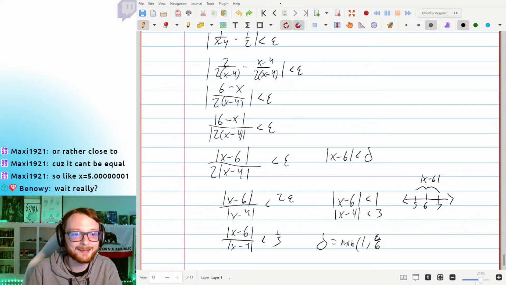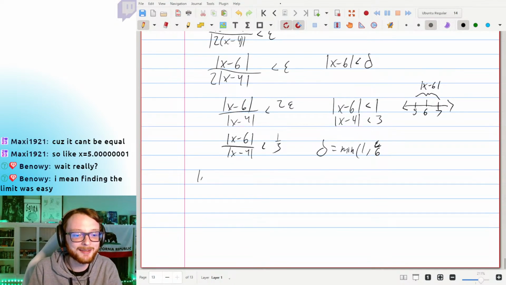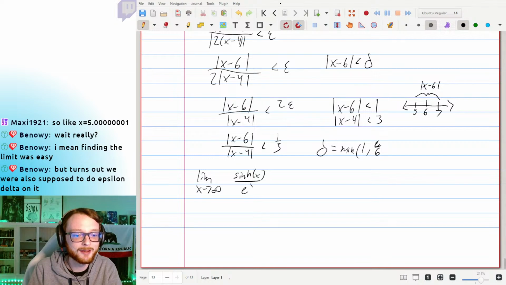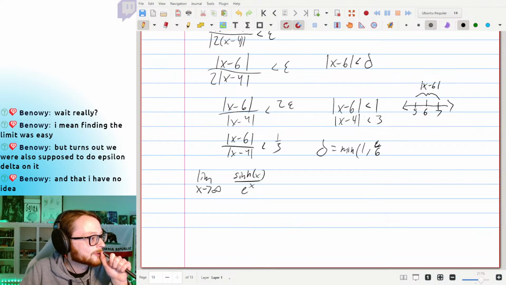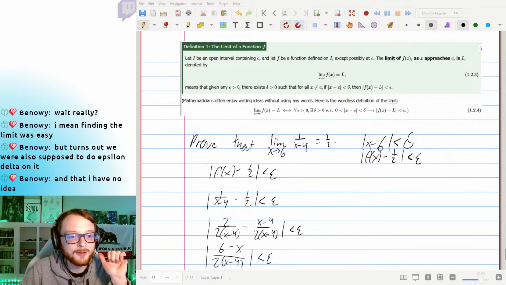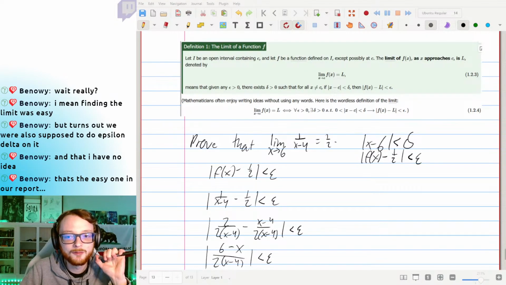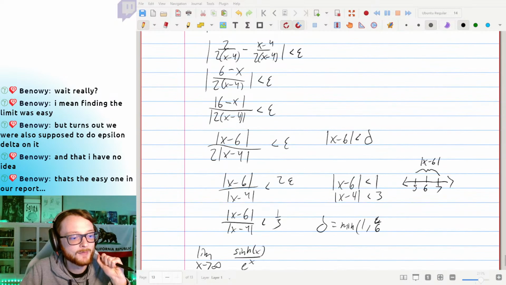Wait, you're saying you need to show the limit as x goes to infinity of sinh of x over e to the x with epsilon-delta? I need to find the definition for when it's to infinity. For the one that I have up here, I think it needs to be a finite number. It's the easy one. Oh god.